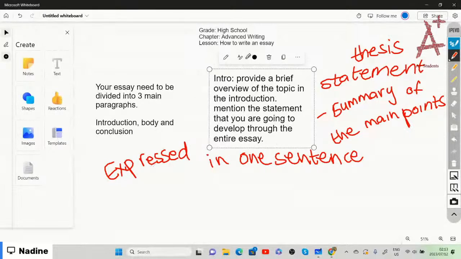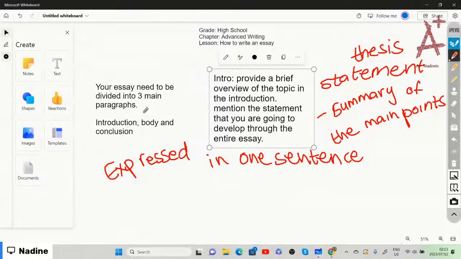All right, so whenever we write an essay, remember that there need to be three main paragraphs. We said the three main paragraphs are your introduction, which provides a brief overview of your topic, and then we have the body, right? Sometimes, depending on whether you're in grade 8 or grade 12, the bodies are going to differ.